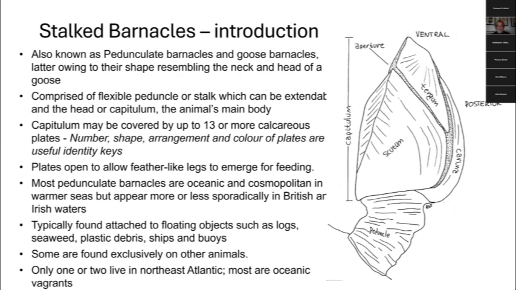And other species are found exclusively on other animals, such as turtles, fish, whales as well. Only one or two live in the Northeast Atlantic, and that's going to be the first two that we have a look at, and all of the others are oceanic vagrants, if you like.